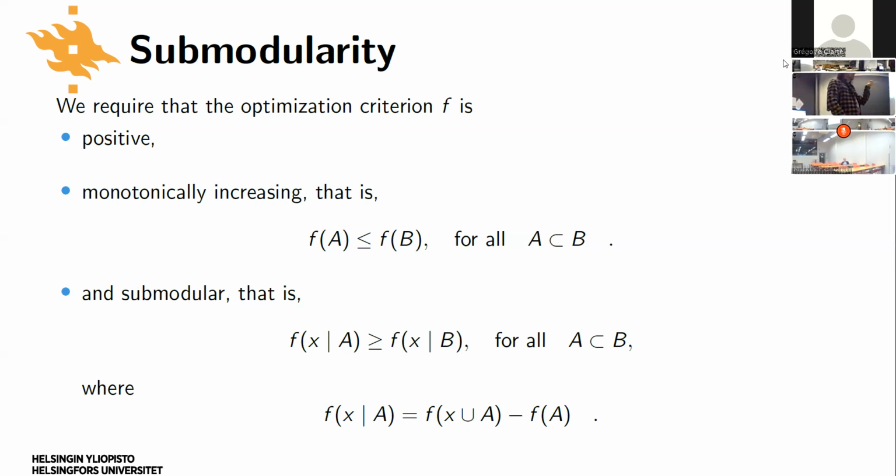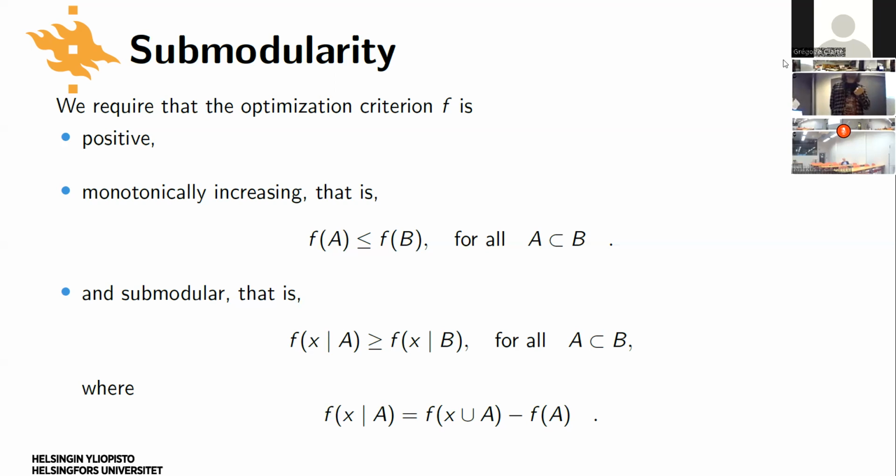So f(x) added to A, the increase of the function there is larger than if we add x to B, if B is a superset of A. Whenever you add x to a larger set, the gain you get is smaller than if you add x to a smaller set. That's the definition of submodularity.